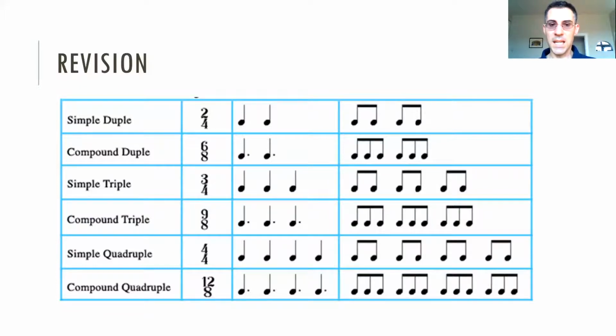Compound duple, on the other hand, the pulse is a dotted crotchet, and the dotted crotchet divides into 3 quavers. Both of them have 2 pulses in the bar, but the simple one divides into 2, the compound one divides into 3. And the same is true of 3/4 and 9/8 and 4/4 and 12/8, as the little table shows you. Okay.